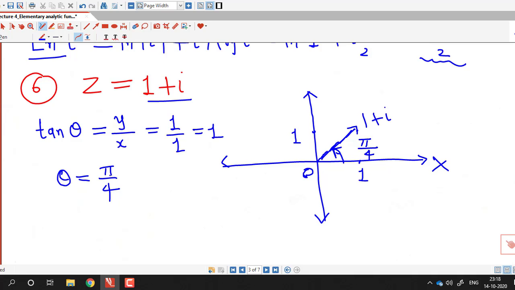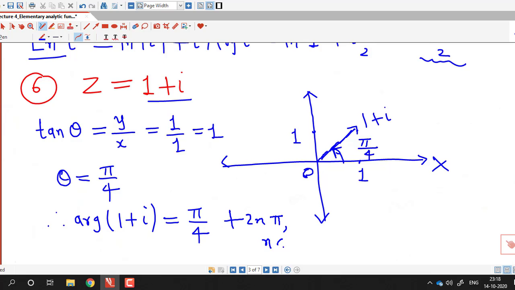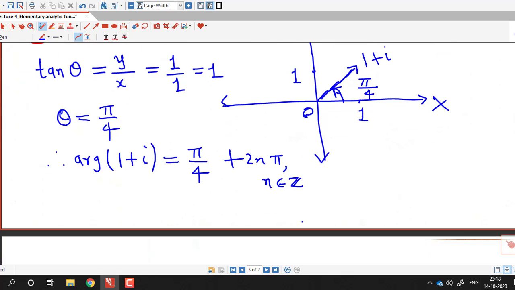So therefore the argument of 1 plus i is pi by 4 plus 2n pi, n belongs to Z, and the absolute value can be easily found by the definition.